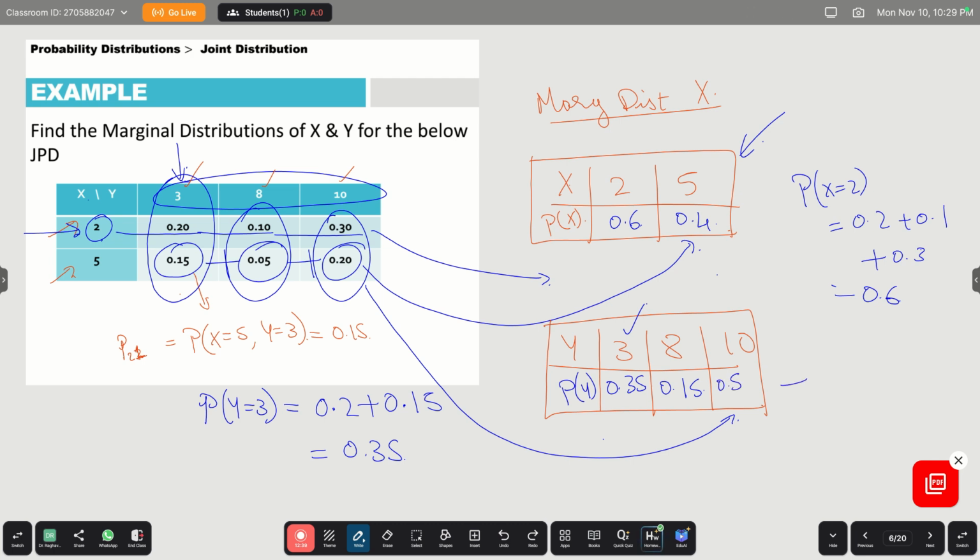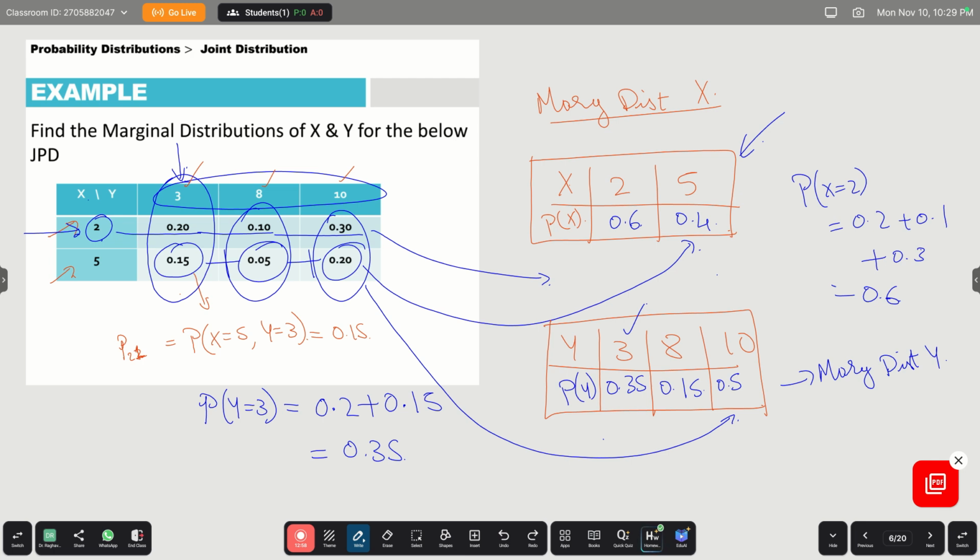So this is called the marginal distribution of y. Hope you have understood joint probability distribution and how to calculate marginal distributions from it.